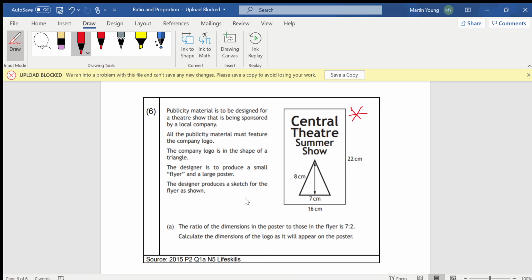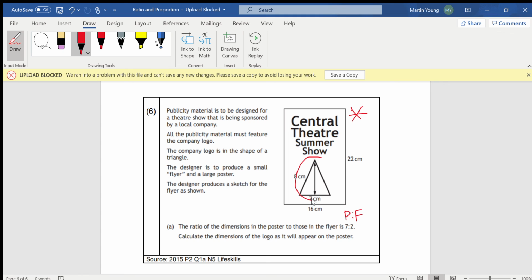The ratio of the dimensions in the poster to those in the flyer is 7:2. So the 7 is for the poster and the 2 is for the flyer. I'm just going to use P and F. Calculate the dimensions of the logo as it will appear on the poster. The company logo is this bit here in the shape of a triangle.